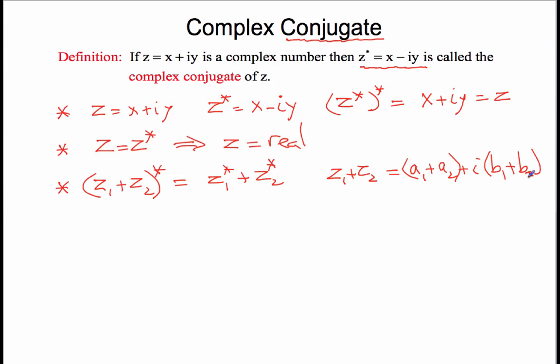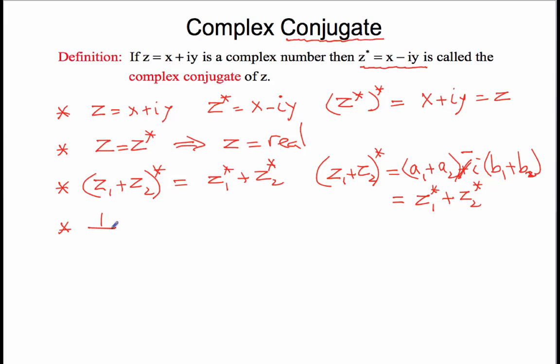If I take the star of this, the only thing I have to do is change the sign over here, so instead of a plus it becomes a minus, and that's exactly what I get by adding z1 complex conjugate and z2 complex conjugate together. So that's very trivial to show.